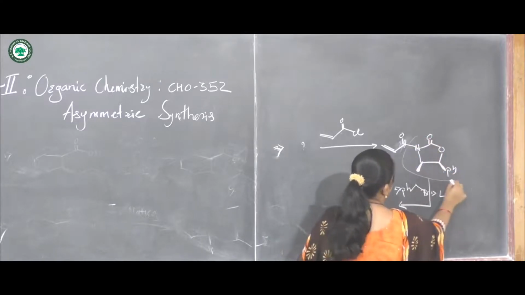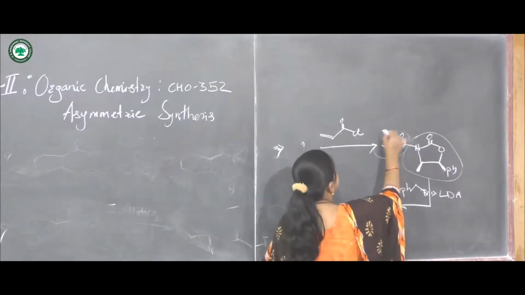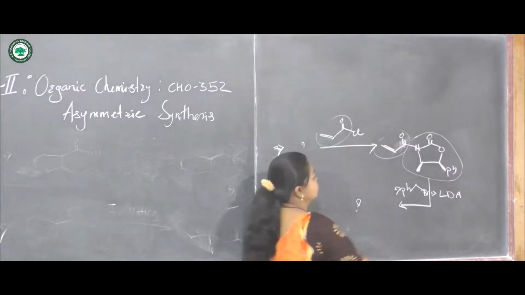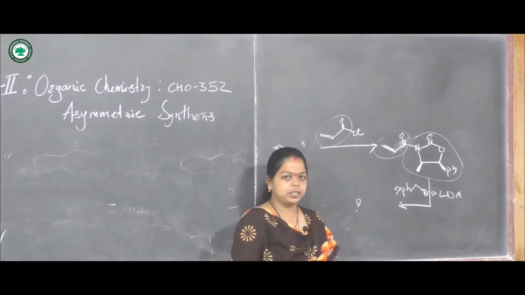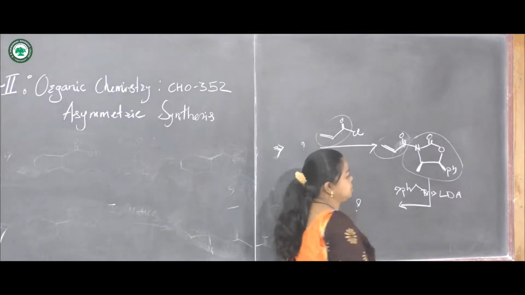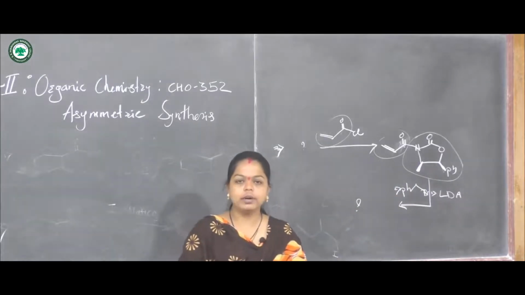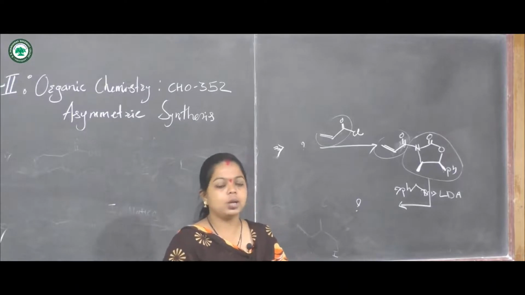So we can identify this structure. This is the part of this acid chloride acetyl group containing the double bond, and the remaining part, this ring system, we have already studied, it is the norepinephrine derived chiral auxiliary.